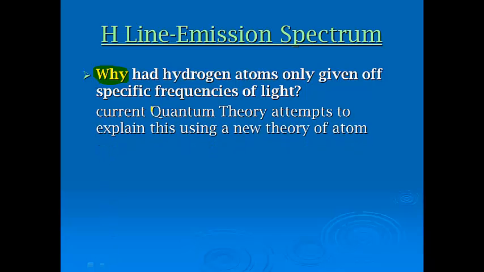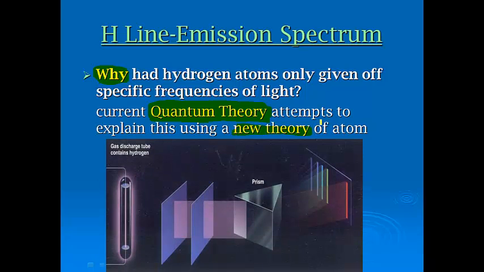But essentially, current quantum theory, yes, remember, theory is an explanation. We are going to give you about the smallest amount of quantum information as we possibly can. You don't have to know all the background. You just have to know the end result and the explanation. So, quantum theory came along with a new theory of an atom, and they tried to explain that.